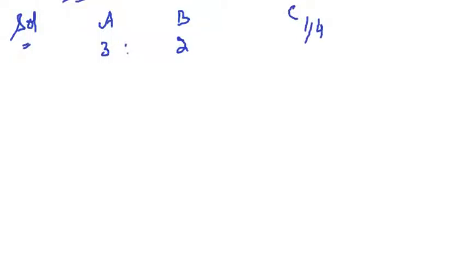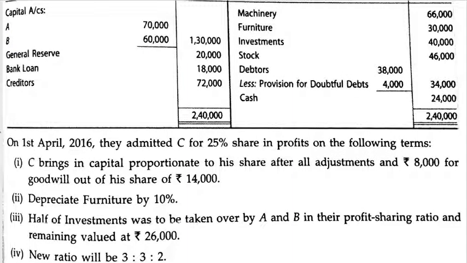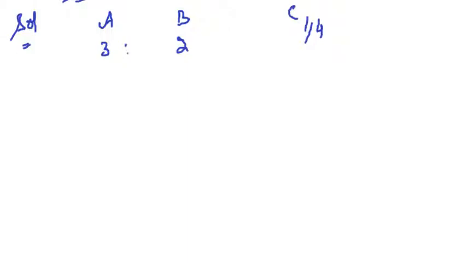And what is the new profit sharing ratio? The new profit sharing ratio is 3:3:2.